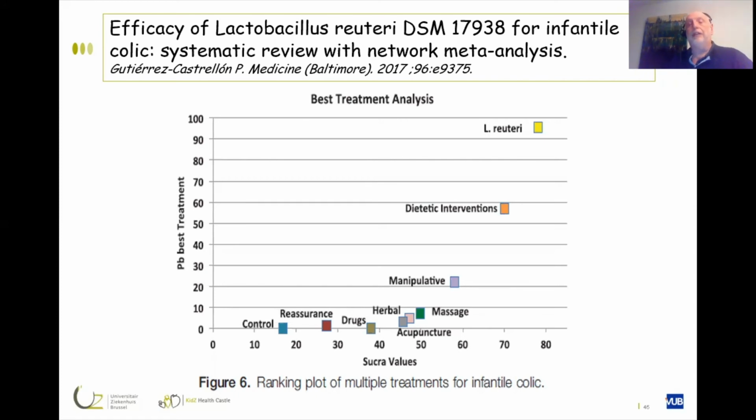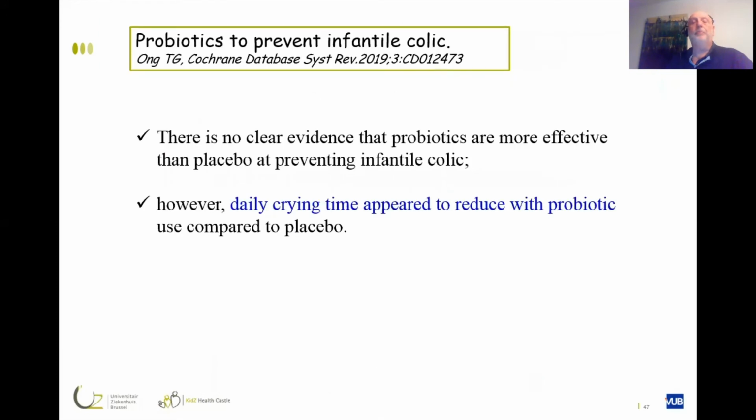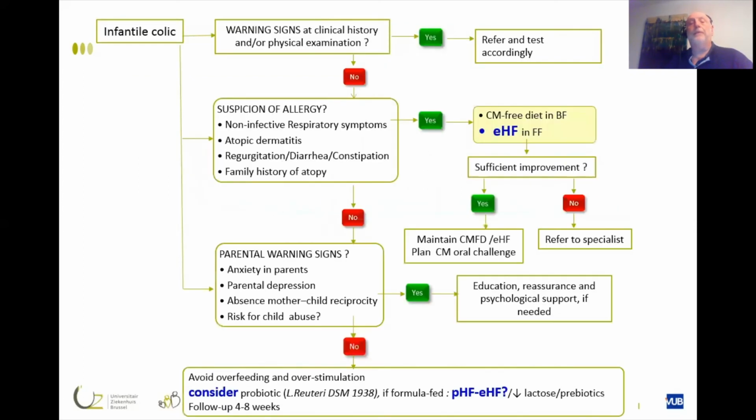The efficacy of Lactobacillus reuteri was especially shown in breastfed infants. So, probiotics to prevent infantile colic. According to this Cochrane review, there was no efficacy of the probiotics on colic, but there was a significant decrease of daily crying time, which was induced by the probiotic.